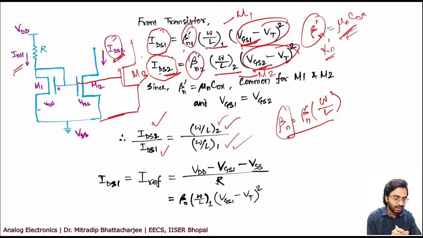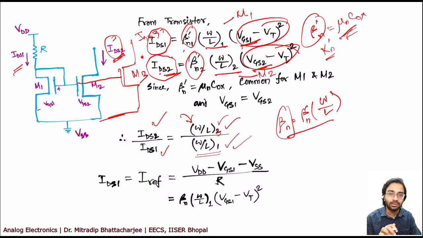Like this, say another M3 you have connected in this. So if you make this W by L3, if this is IDS3, what will be here? It will be W by L3 by W by L1. So you choose the value W by L as per your choice, and W by L1 is always fixed for all the circuits. So in the same circuit you can bias with different values.